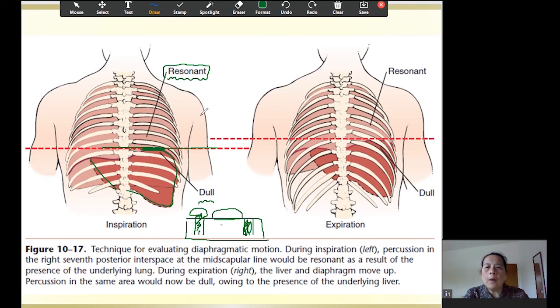When people breathe in deeply, the lung border goes lower. And when people breathe out, the lung shrinks and the border goes upper. Normally the difference is about 5 centimeters.